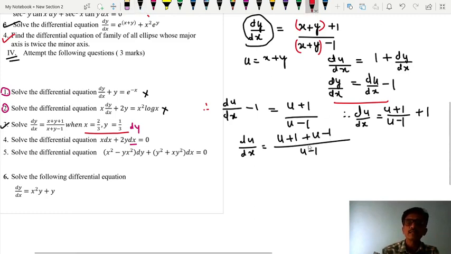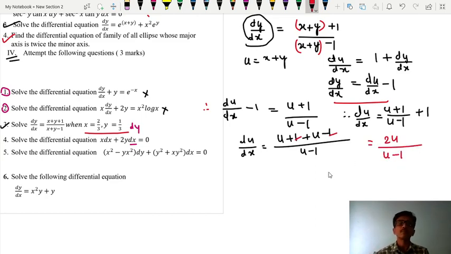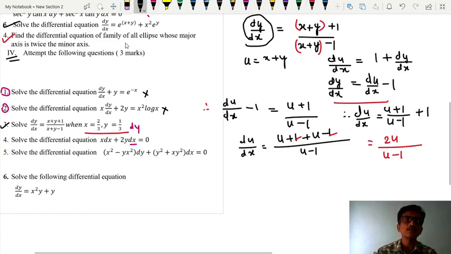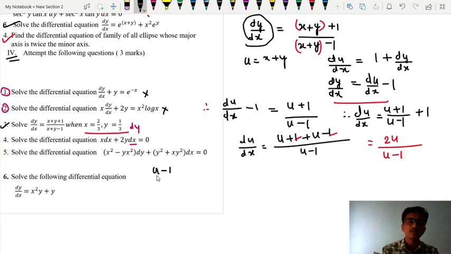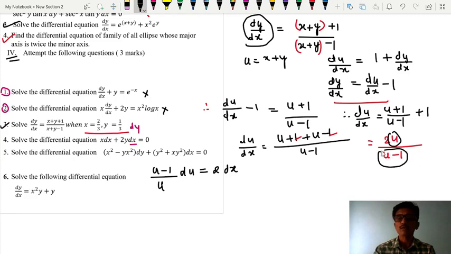Now this 1 is getting cancelled, and it will be 2u upon u minus 1. Now write variable separable form here. So we solve this by using variable separable form method. u minus 1 upon u du is equal to 2 times dx. We took this u and u minus 1 here reciprocal, and 2 as it is, so here dx cross multiplication.